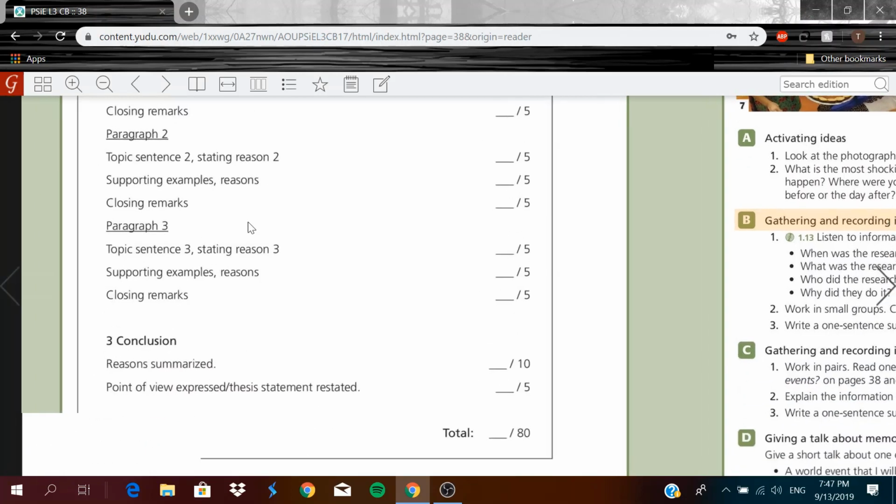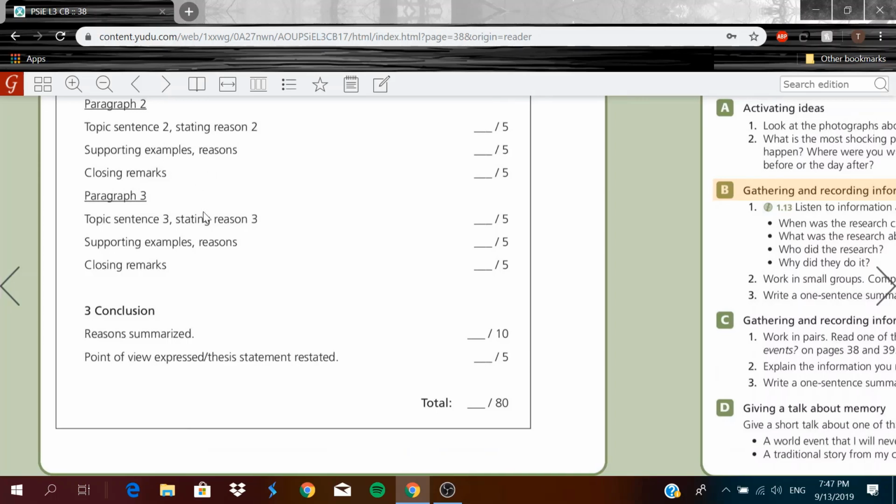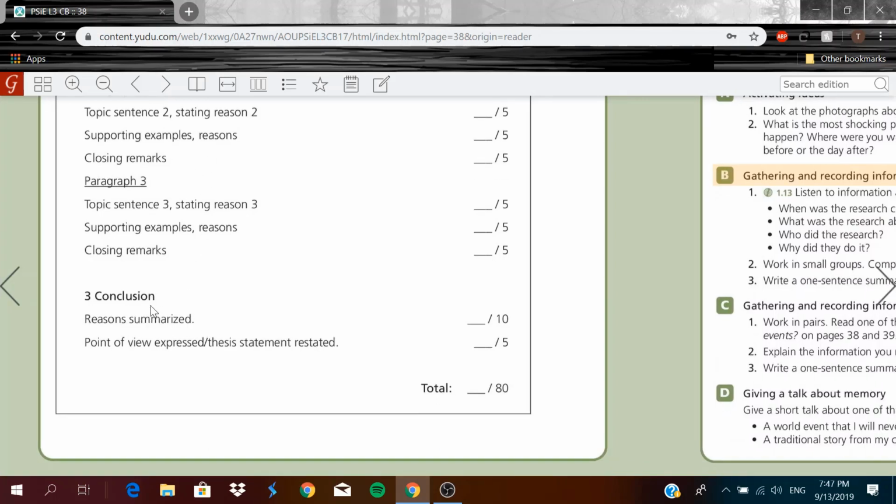And then you can go to the conclusion and your reasons summarized. Did you summarize your reasons appropriately? Give that points out of 10. And your point of view expressed and thesis statement restated. Did you do these 2 correctly, or did you mess up? So a total out of 80.